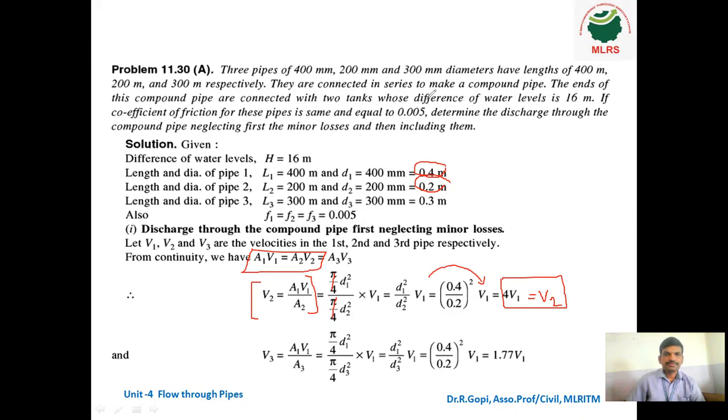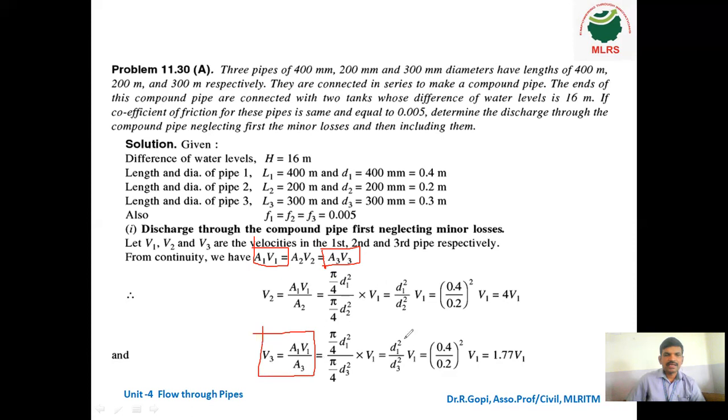Next, come to the second equation, A1 V1 and A3 V3. Take these two and find V3. We need only V3, which means A1 V1 divided by A3. For A1, pi by 4 into D1 square, and A3, pi by 4 into D3 square, into V1.